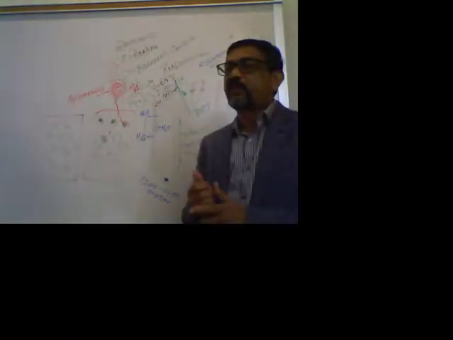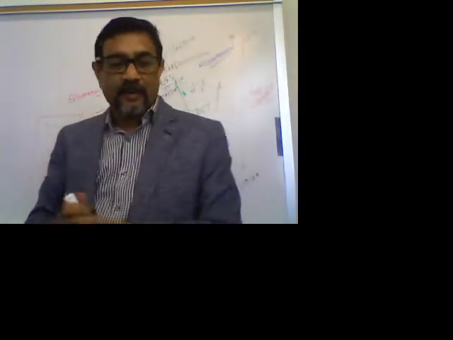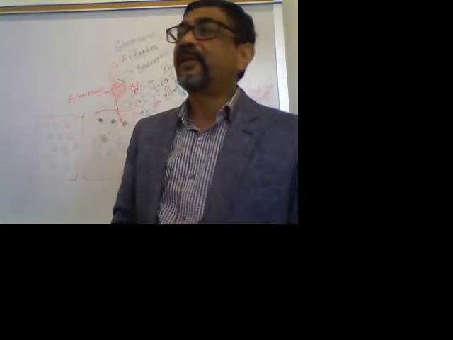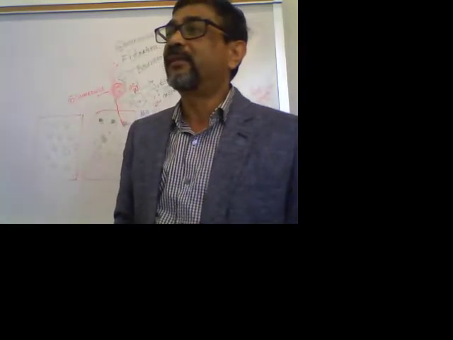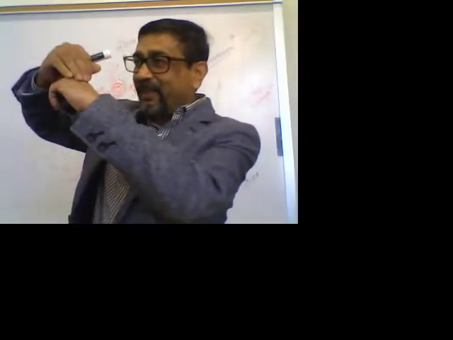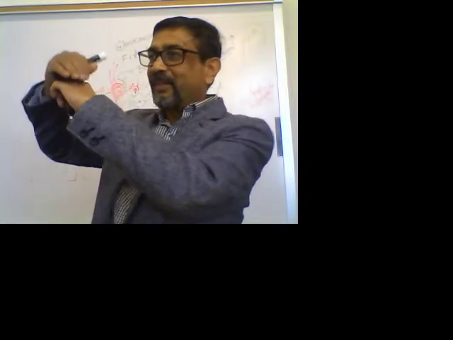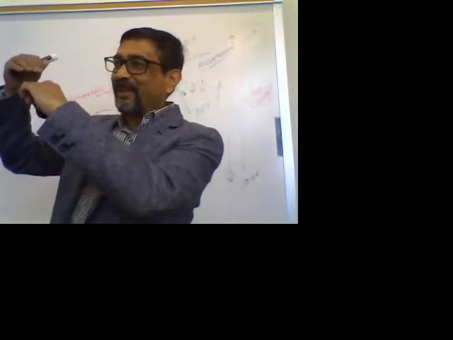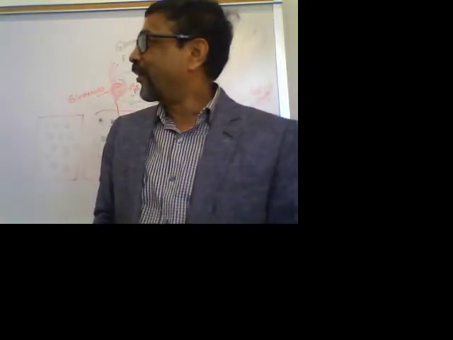Aldosterone is the hormone that works on the distal convoluted tubule. This aldosterone comes from the adrenal gland. You remember on the top of the kidneys you have adrenal glands. You have learned that in NP1, suprarenal or adrenal glands.